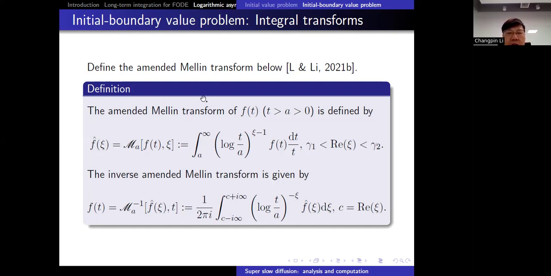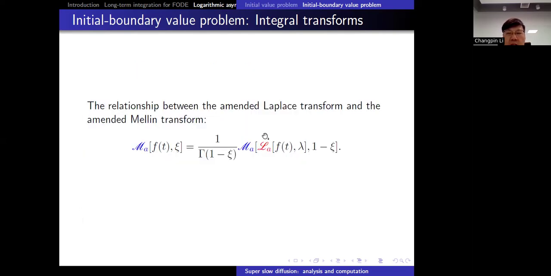We have these two kinds of amended integral transforms. We have a very beautiful formula for this. This is the amended Laplace transform. This is the amended Mellin transform. We can see here is kappa, so this is a function with variable kappa, and this is also kappa.